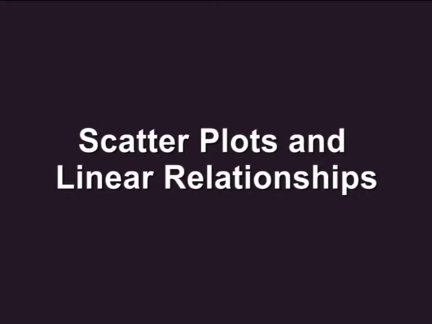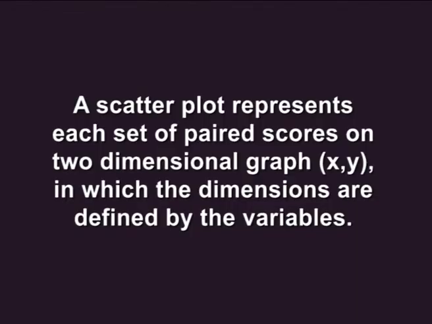Scatter plots and linear relationships can be shown with the help of correlation. These are helpful ways to visualize a relationship between two variables, and it is to construct a scatter plot, which you will briefly be introduced to in the discussion of graphical techniques. A scatter plot represents each set of paired scores on a two-dimensional graph, that is x-axis and y-axis, in which the dimensions are defined by the variables.